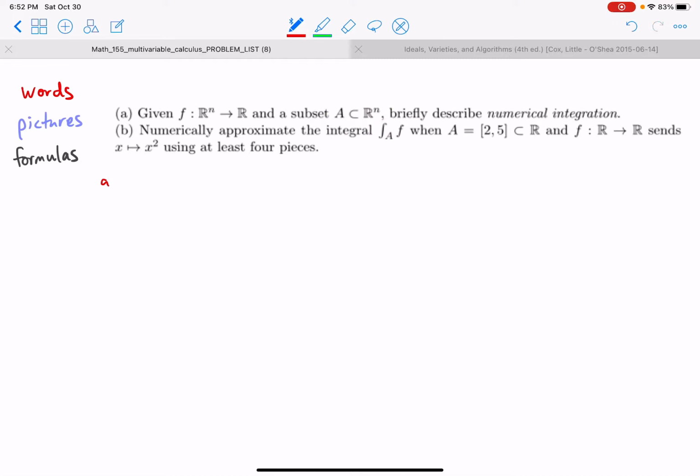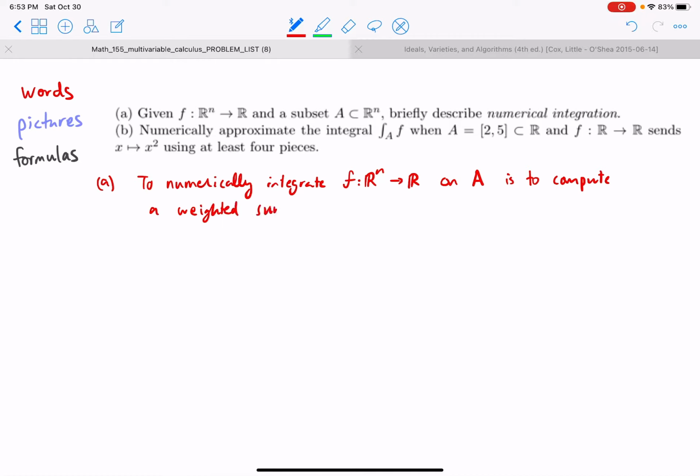So, in words, to numerically integrate f, and we say to integrate f on the subset A, is to compute a weighted sum. A weighted sum of what? Of the values of f weighted by the volumes of pieces.